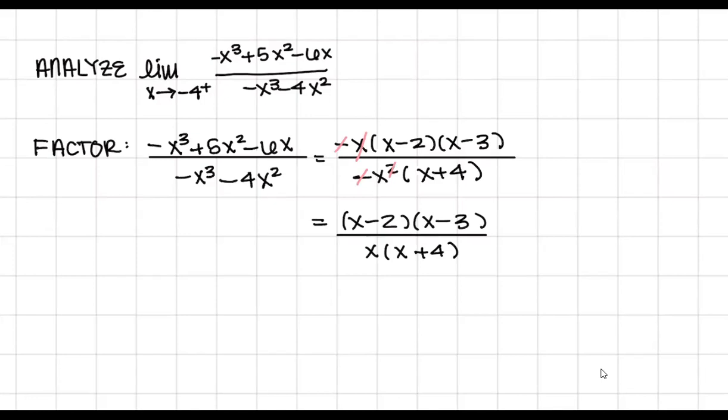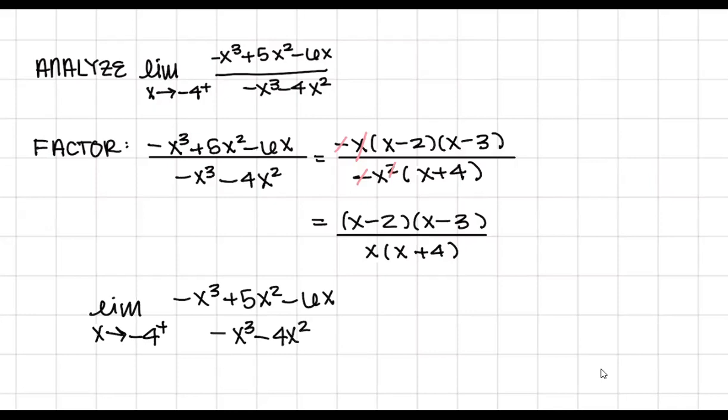Now we're interested in the limit. Because we were able to simplify, we can say that the limit of our original function, negative x cubed plus 5x squared minus 6x over negative x cubed minus 4x squared, is equal to the limit of our simplified function.